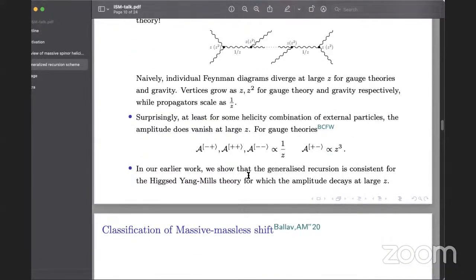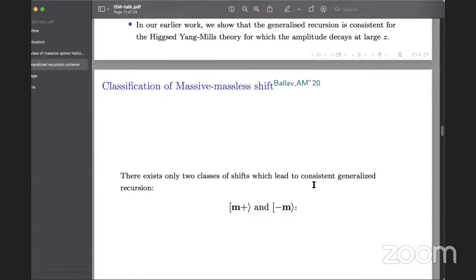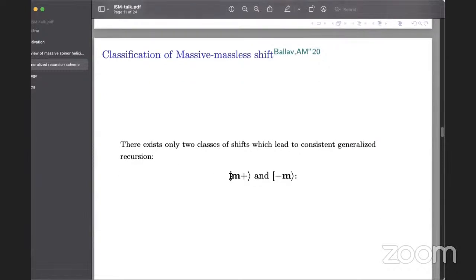So in our earlier work, we showed that the generalized recursion is consistent for Higgs-Yang-Mills theory, for which the amplitude does decay at large z. As a consequence, we also showed that out of the 4 types of possible massive-massless shifts, only these 2 types of shifts lead to a consistent generalized recursion.